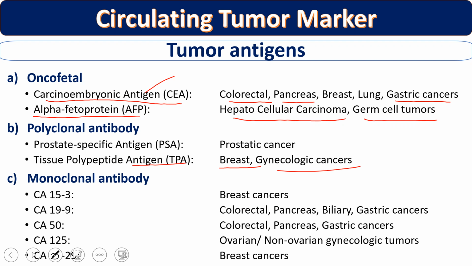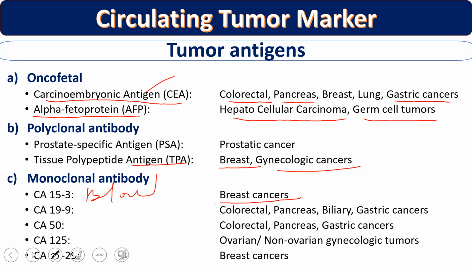CA means cancer antigens, or carbohydrate antigens. Cancer antigen 15-3 increases in case of breast cancer. It is specific for breast cancers, and the sample we take for its detection is blood.